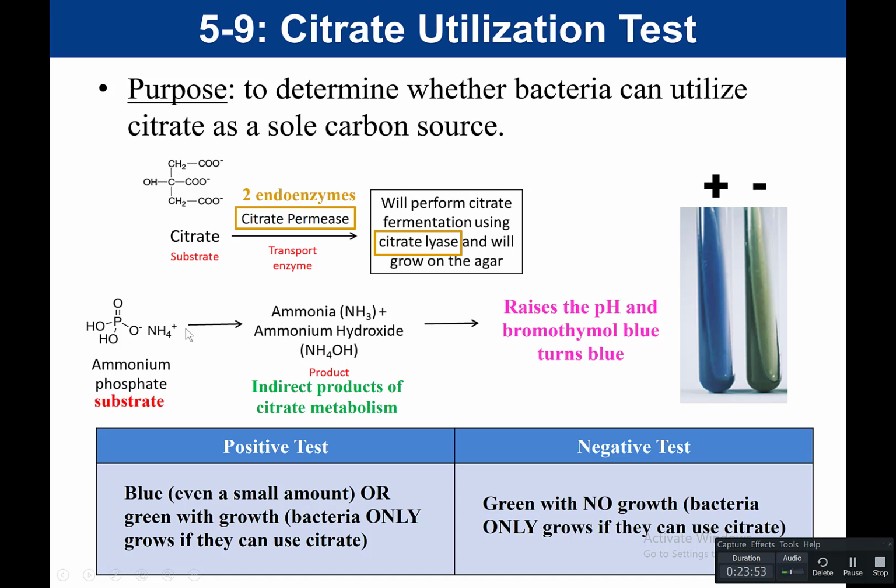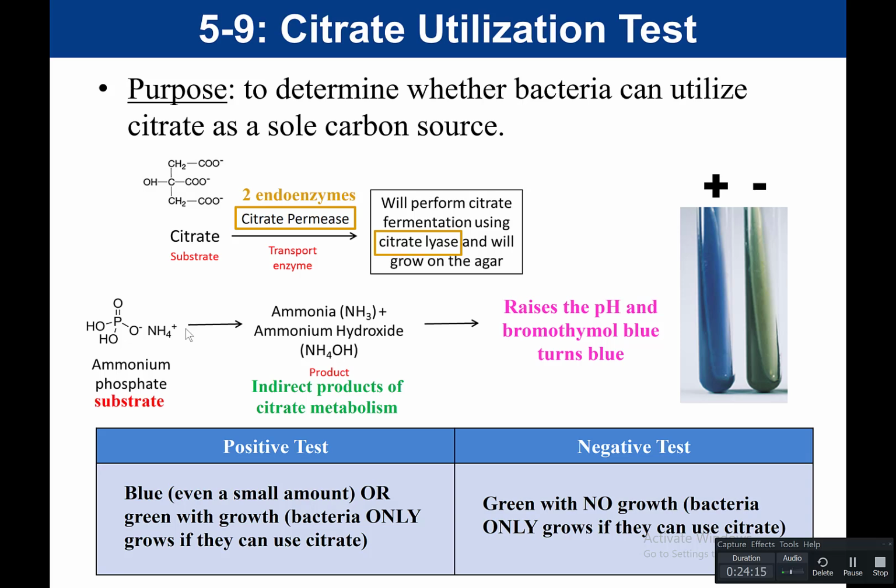You should know that they need nitrogen to make proteins and to make nucleic acids. So this is why bacteria must take in a source of nitrogen. They need it to make those macromolecules. And so if they utilize the ammonium phosphate, they will produce the products, which ultimately gives us our readout.